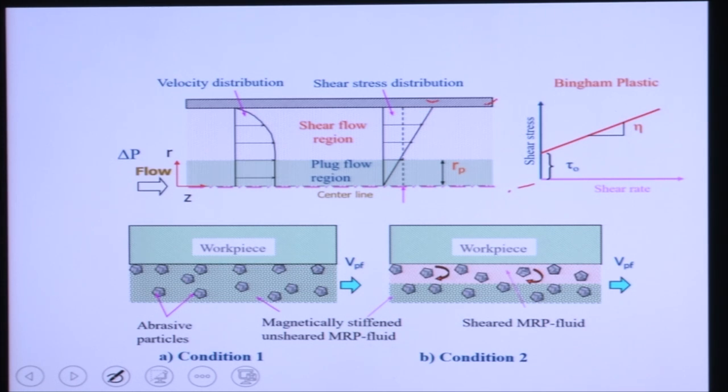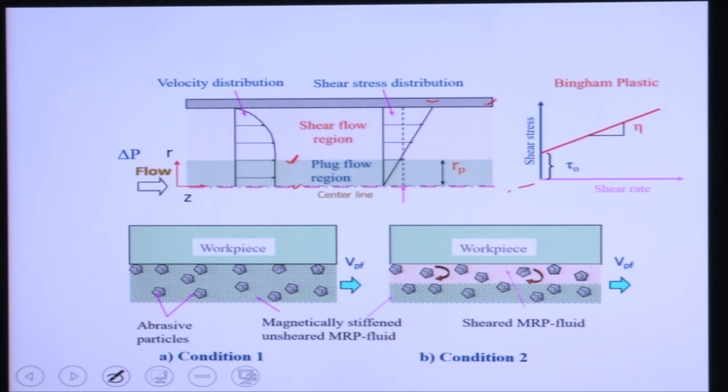Now MR fluid is flowing through this cylindrical channel. First is the shear velocity distribution. You can see there is a change in the velocity profile up to this point, and after that there is no change. From here to here the velocity is constant.